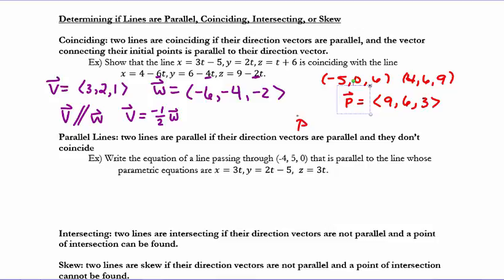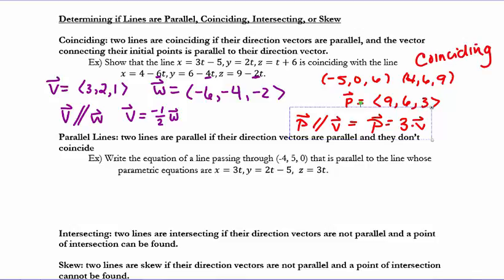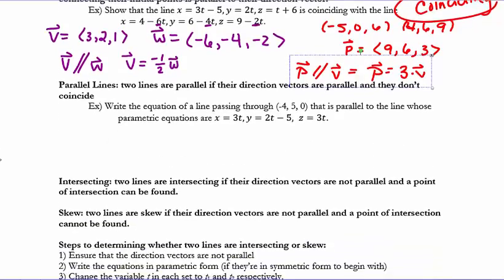Well, let's see. p would be parallel to v if p is 3 times v. 3 times 3 is 9, 3 times 2 is 6, 3 times 1 is 3. Yes. So these are coinciding because of all the reasons I just talked about: parallel direction vectors, and a vector connecting their initial points that is parallel to the direction vectors themselves.